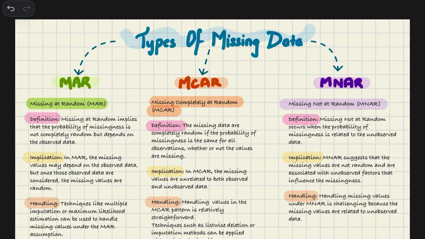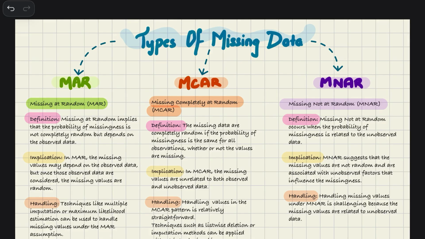First we'll talk about MCAR, which means missing completely at random. The missingness of the data is purely an accident. The probability of data missing is completely identical for every single row and has zero correlation with any other data.